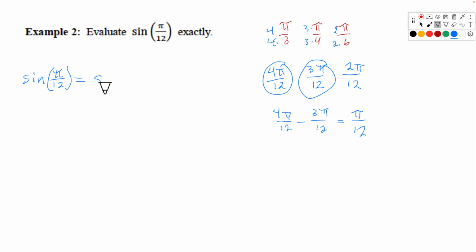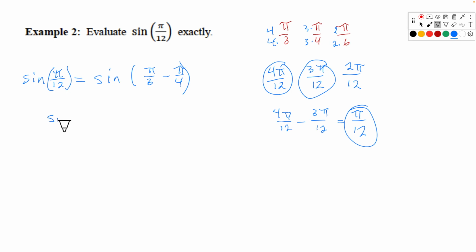Okay, so actually, let's set it up this way. This is going to be sine of pi over 3 minus pi over 4. And we did it with the 12s. We know that that equals that. Okay, so we've already done this. This is what we want. So we use our difference of angles formula. And what was it?